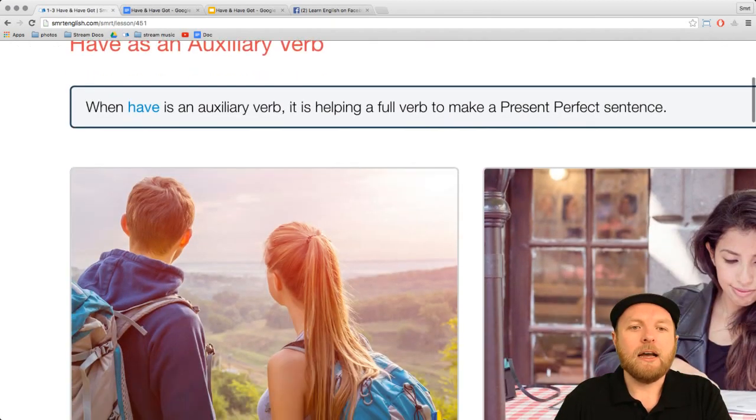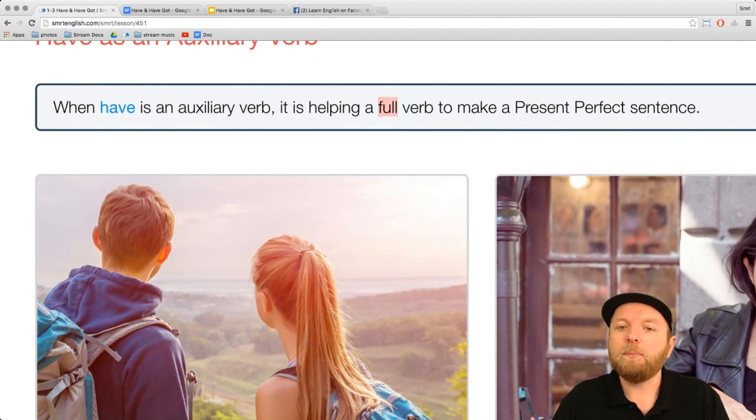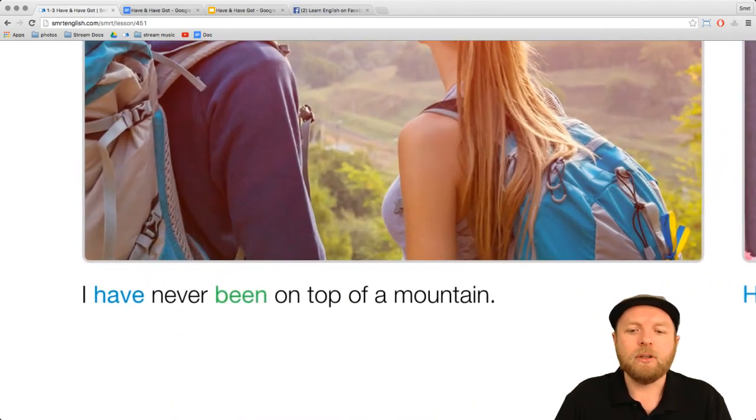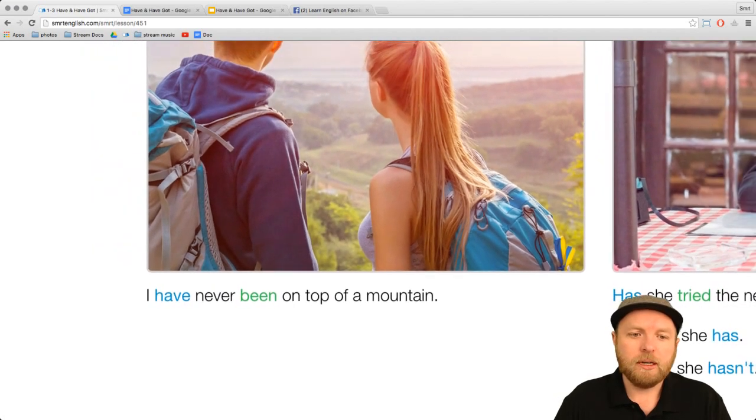Have is an auxiliary verb. It is helping a main verb. It is helping a full verb make a present perfect sentence. So for example, this sentence. I'm going to zoom that out so you can see the photo here.